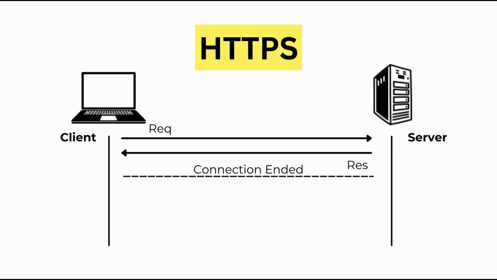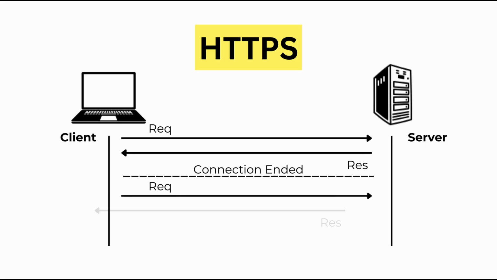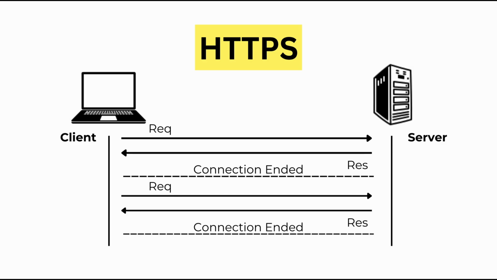Again, whenever you send another request, the server processes it and you get back the response, and again the connection is ended. So each and every time you make a request, a connection is established from your client to the server, and once you get the response, the connection is ended. This is how HTTPS works.